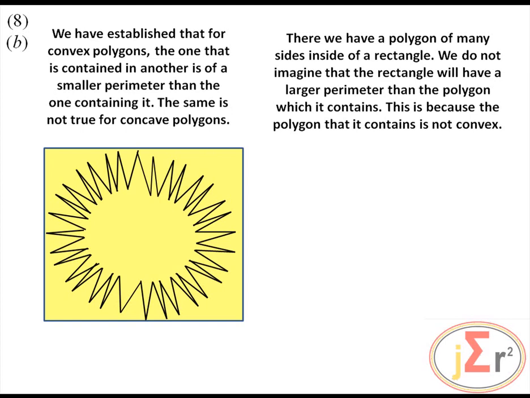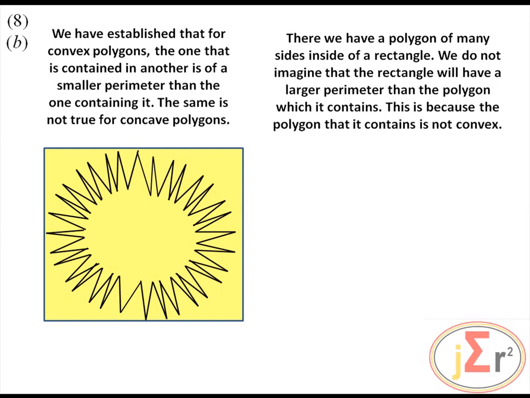That is because the polygon that is contained in the rectangle is not convex. So because it is not convex, it is possible that being contained inside of that rectangle, it will have a greater perimeter than the rectangle that is containing it.